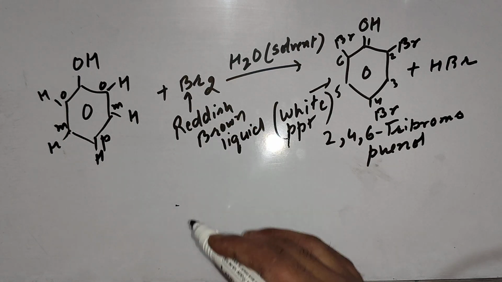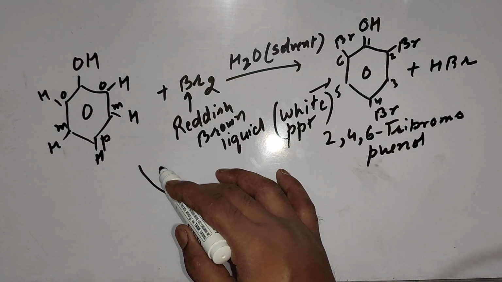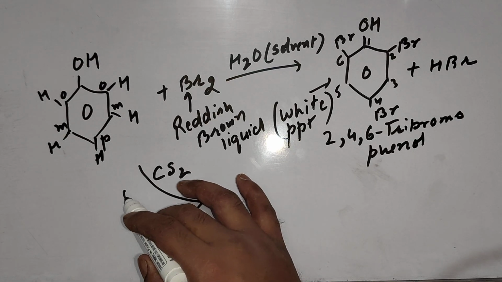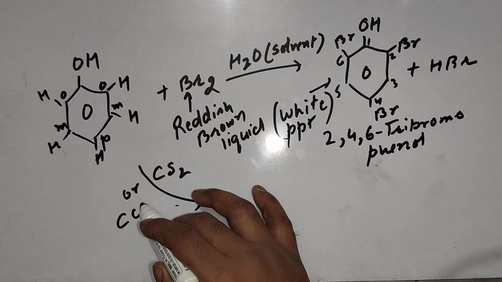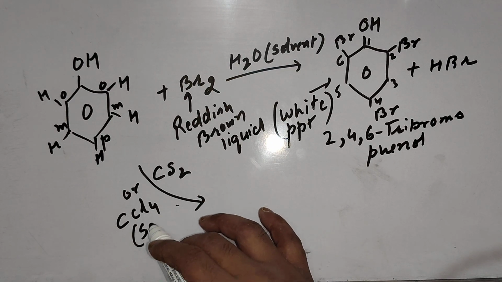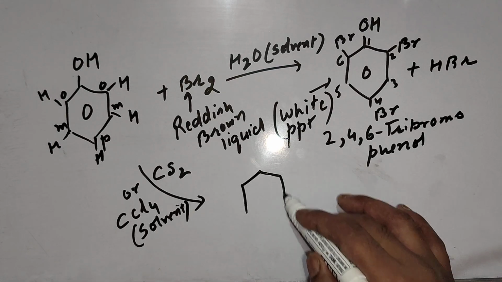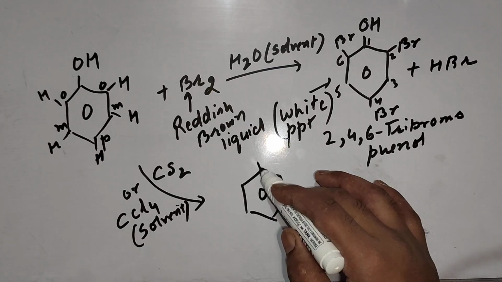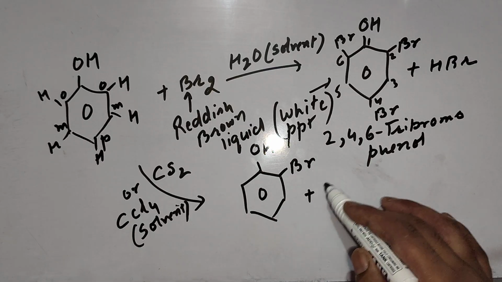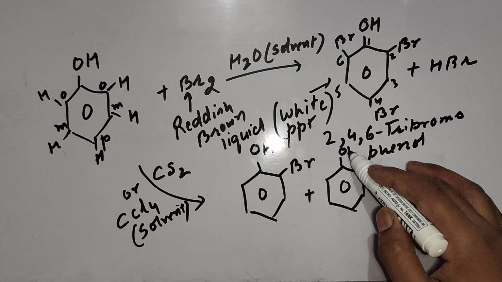Now, if you do the same bromination in the presence of CS2, carbon disulfide, or CCl4, carbon tetrachloride as a solvent, bromination will happen, but it will be mono-substituted bromination. Means at one time, only one bromine will be added on a phenol.